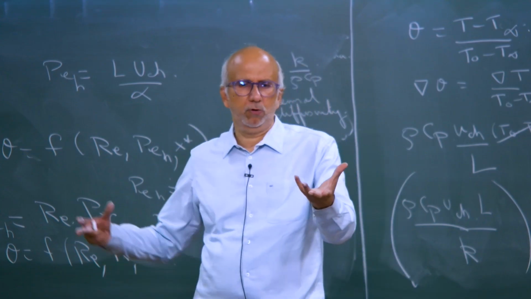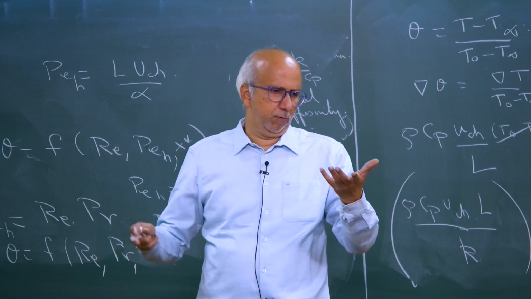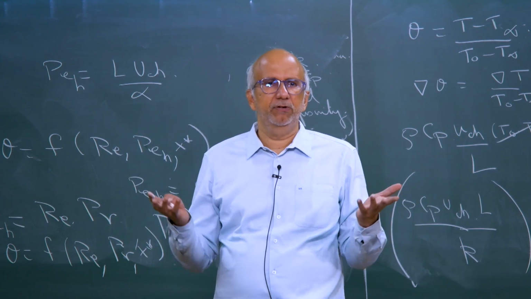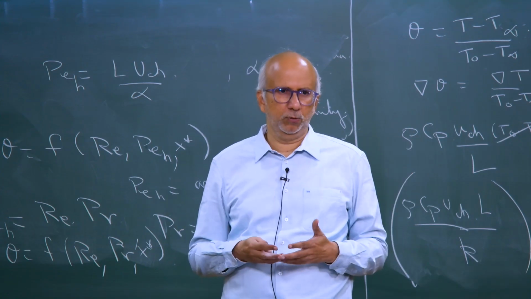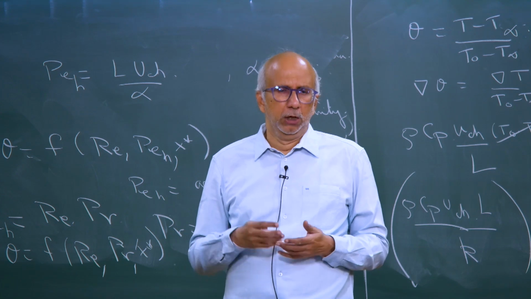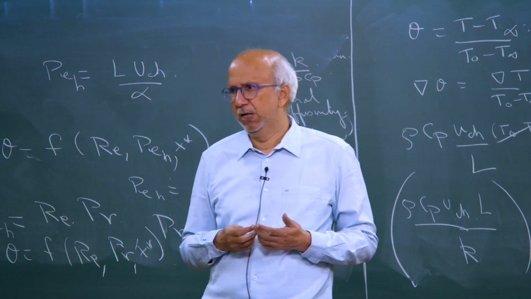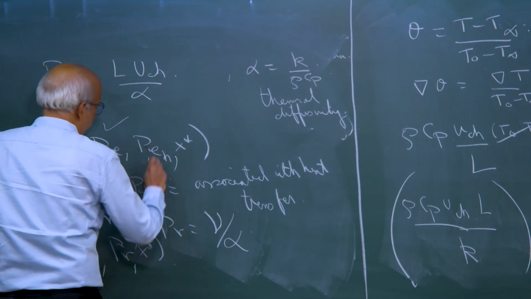You have the body, you are pumping liquid at high velocity, the body is fixed, the geometry is fixed, everything is fixed, and T infinity and T 0 do not show up in the equations because of the way you have scaled it. The only thing in your control is U. So, you want to vary U and study the behavior of the system. What happens? U is in both Reynolds number and Peclet number.